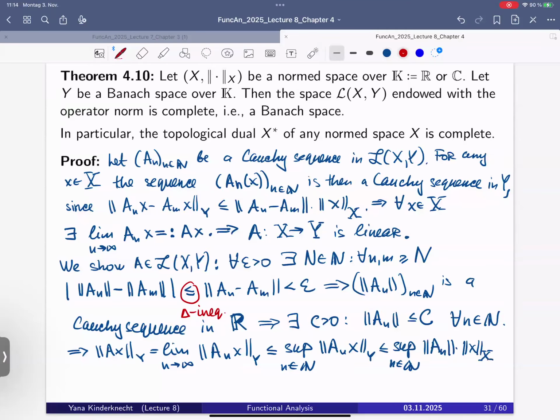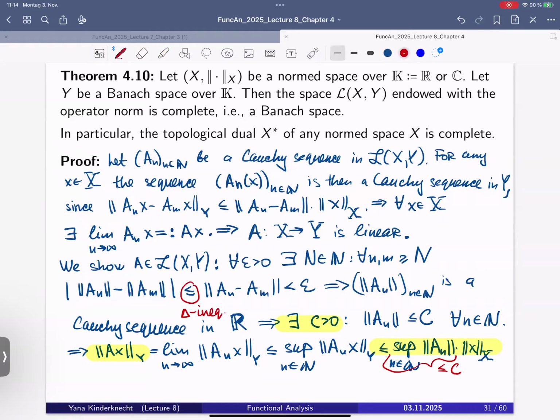And now this supremum is smaller or equal than C. So what do we have? There exists C such that the norm of Ax is smaller or equal than C times the norm of x.